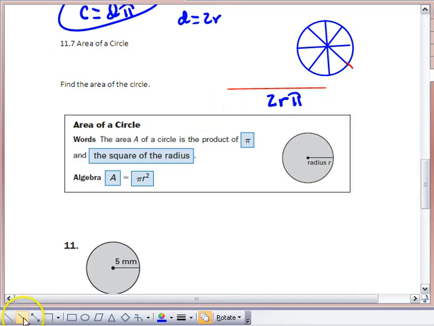And then let's take these triangles. Let's try this again.